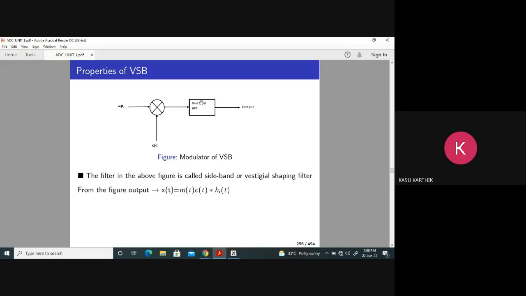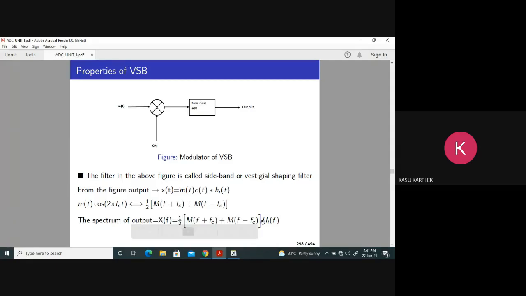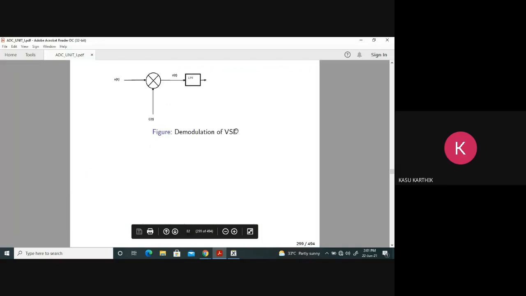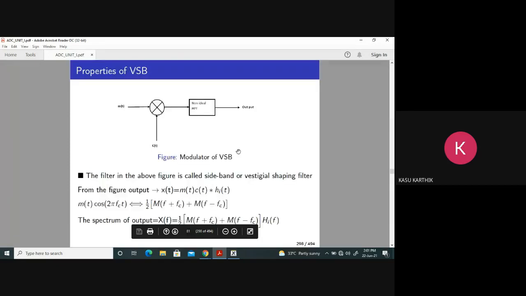Obviously, what is x of t? The output of this modulator is m of t into c of t convolved with h_i of t. What is h_i of t? The impulse response of this non-ideal high pass filter. Obviously, if I take the Fourier transform of x of t, what do you get? Something like this. So what is x of f?